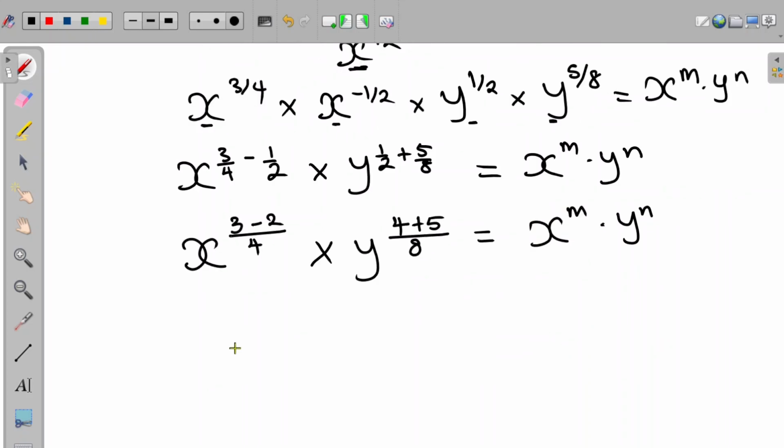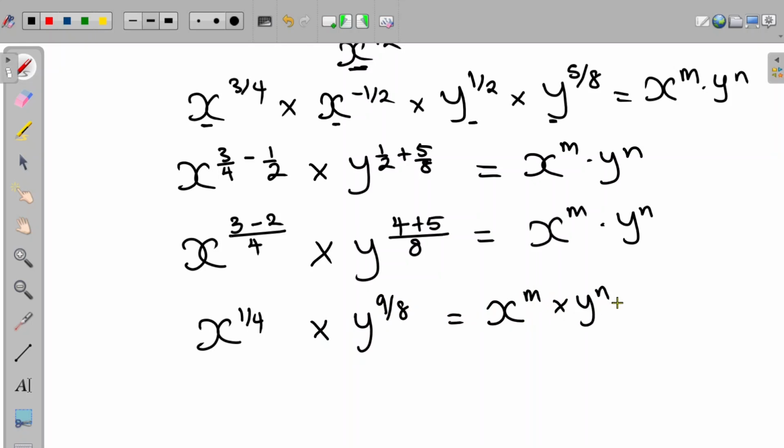So at this point, we have x to the power of 3 minus 2, which is 1, divided by 4, times y to the power of 4 plus 5, which is 9, divided by 8, equal to x to the power of m multiplied by y to the power of n.